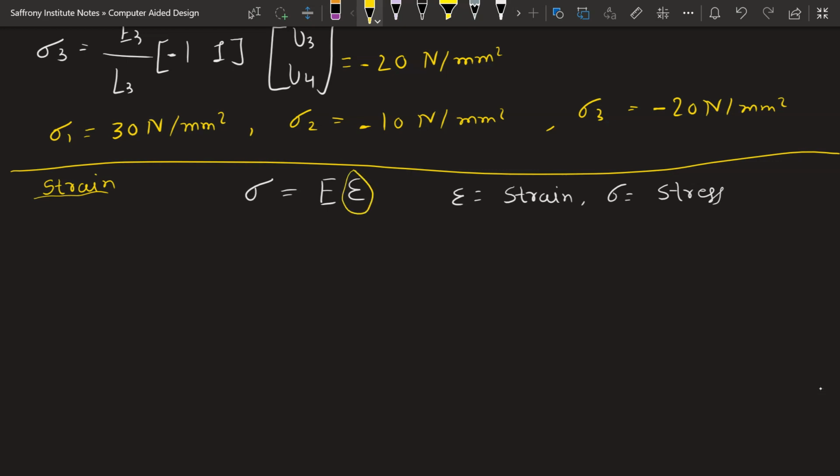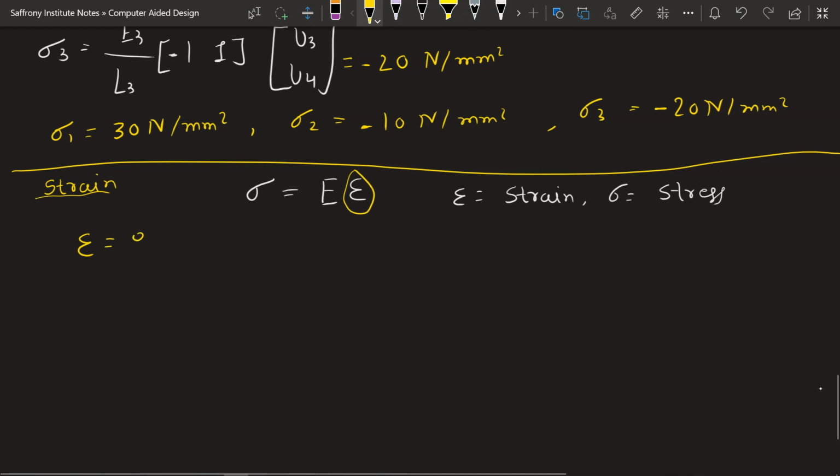We are interested in the strain, so the equation can be written as epsilon equal to sigma divided by E.